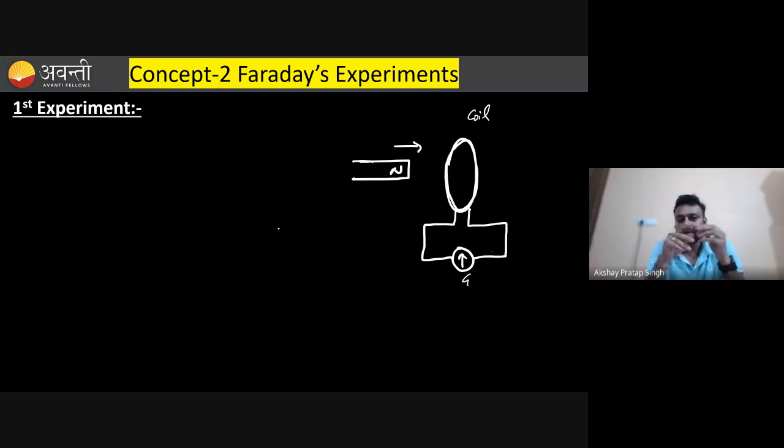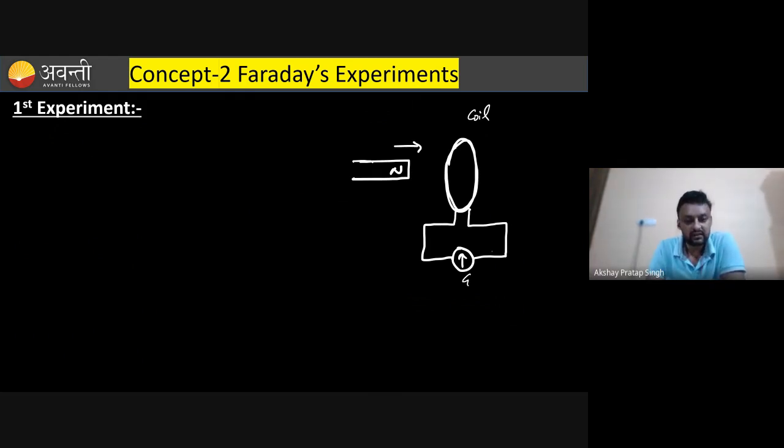Suppose this hand is a coil and this is a magnet moving. A deflection is observed in the galvanometer, suppose to the right side. When the magnet is taken back, the deflection shows in the opposite direction. We will discuss the direction later, but you can see that the deflection depends on the direction.